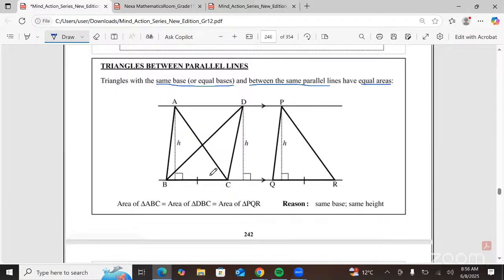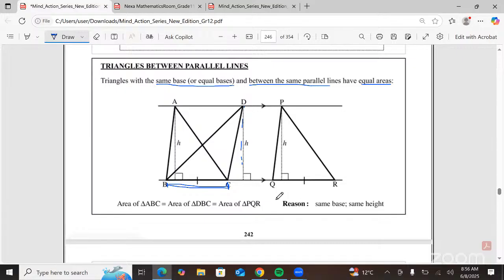Just like here, we have the triangle ABC and triangle BDC, with the same height H and the same base BC. Therefore, the area for these two triangles will be equal.